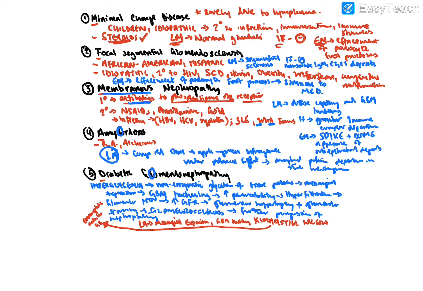Hyperfiltration causes glomerular hypertension and increased glomerular filtration rate. Once that happens, you have glomerular hypertrophy and scarring, leading to glomerular sclerosis, which is further progression of the nephropathy. On light microscopy, you will see mesangial expansion, glomerular basement membrane thickening, and the Kimmelstiel-Wilson bodies.